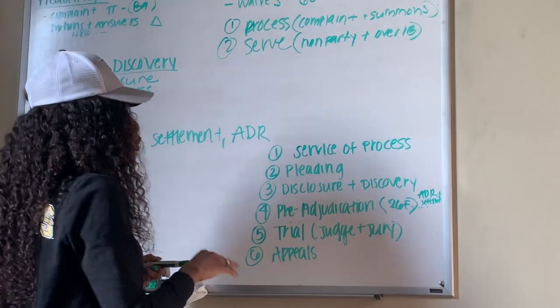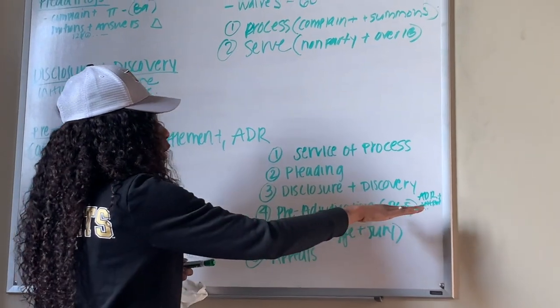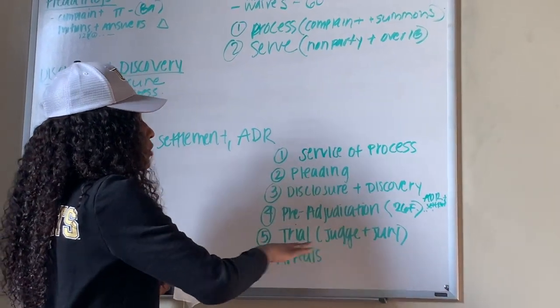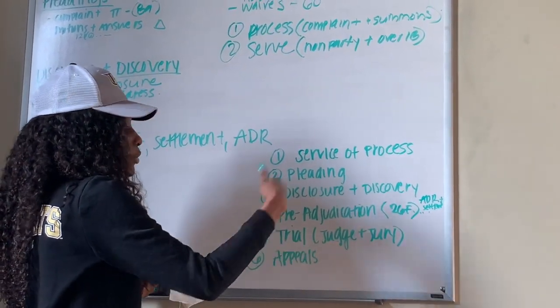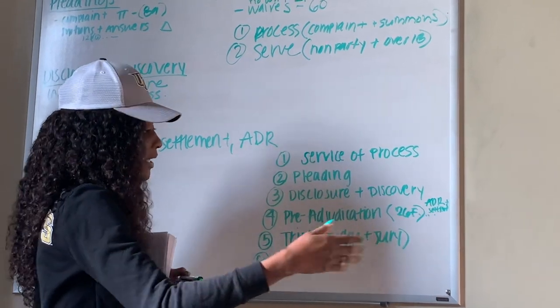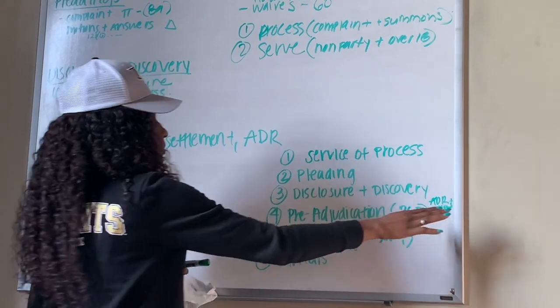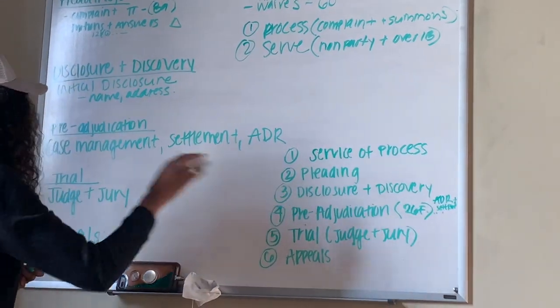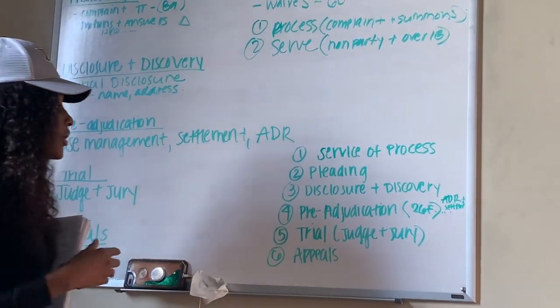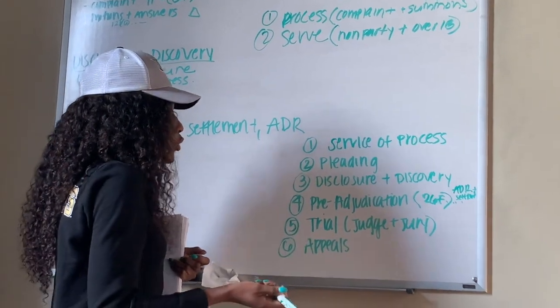The courts basically want them to figure it out on their own before it gets to the stage where a judge has to make an answer or a jury has to give a verdict. If they can't settle it in the pre-trial stage, then they have the right to go to trial.